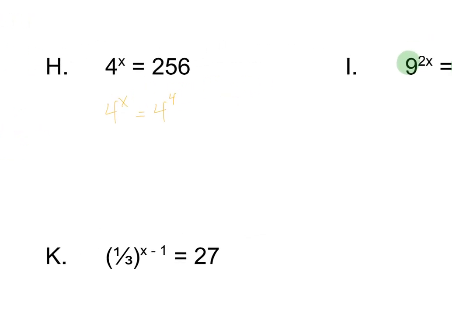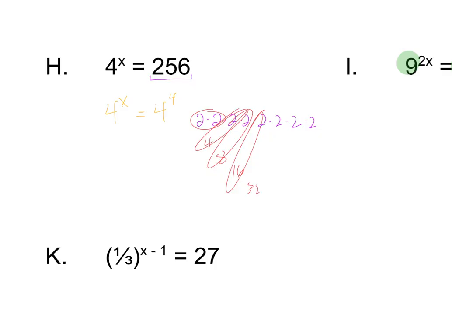You could do that, but let's say you didn't see it. That happens, right? So maybe you go, well, you know what? This is maybe 2. So again, if me a second ago didn't help you, I'm going to write out a bunch of 2's and count it like this. 1, 2, 3, 4, 5, 6, 7, 8. There we go. So 2 times 2 is 4. Another 2 is 8. Another 2 is 16. Another 2 is 32.